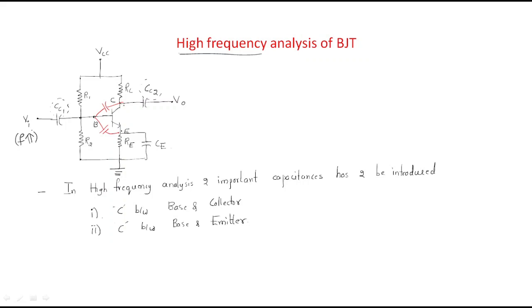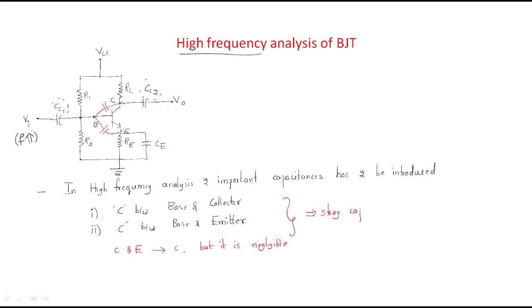Between collector and emitter there is also a capacitance, but it is generally negligible, because the collector and emitter have a high distance between them. Generally, these three capacitances are the stray capacitances.